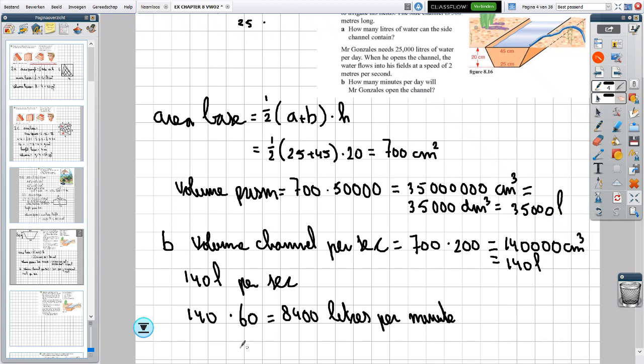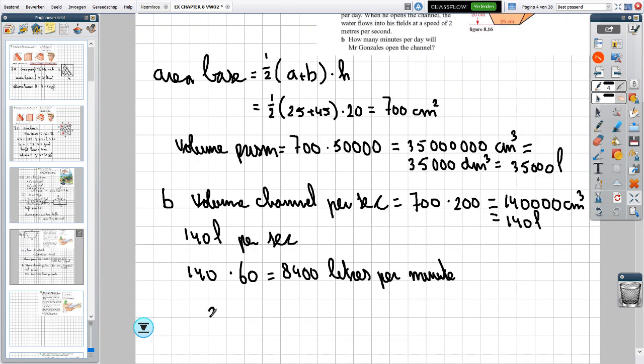So if I now divide this, 25,000 liters is what he needs, and I have 8,400 liters per minute. This will approximately give me 3, right?